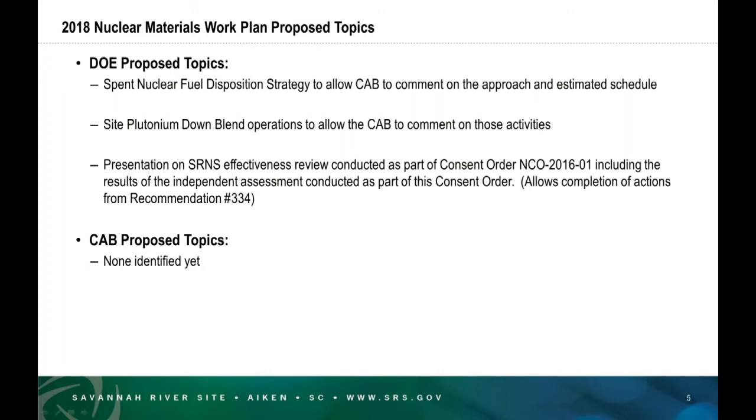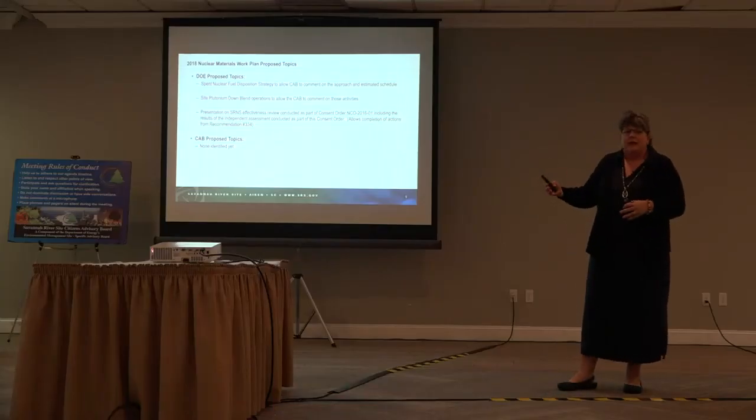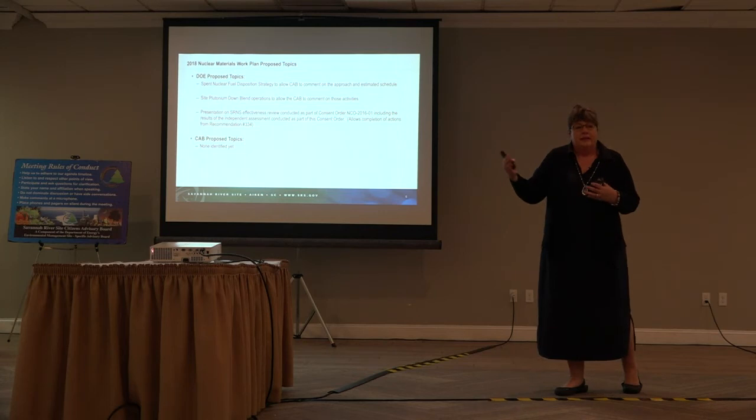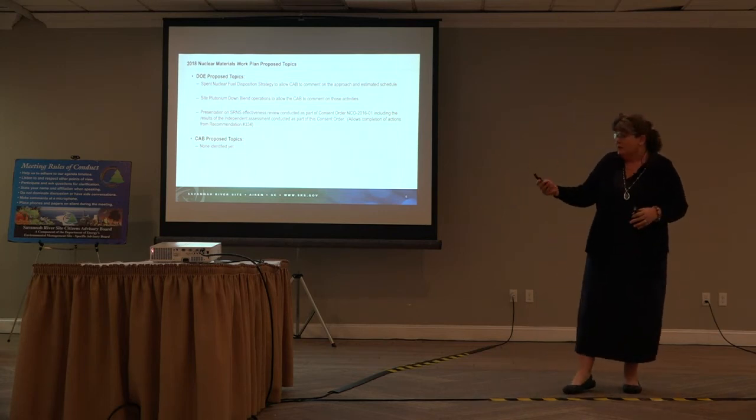What we're proposing for 2018 is a programmatic view of spent nuclear fuel so that you can look at what we're doing and what our plan is, and give us feedback on if you think it's the right approach and the right schedule, so you get that input into our program. The same thing would be done for plutonium, based on what we have on site, the plan forward, the schedule and that whole approach.